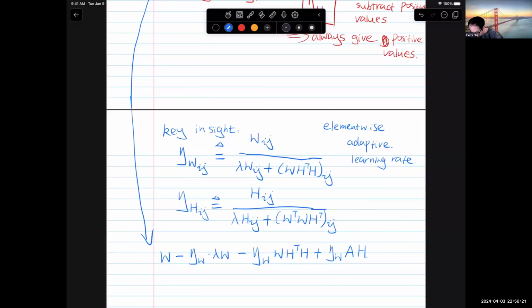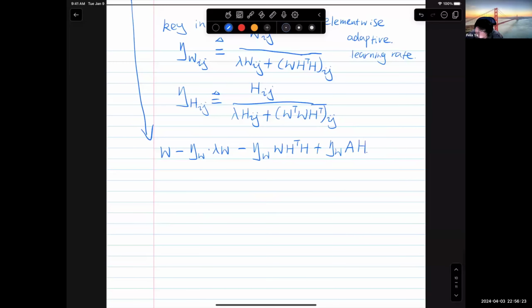You see this part and this part, they are always positive. Just these two might create a problem of negativities. So I'm going to combine those positive parts, because my W, if you start positive, it always stays positive.